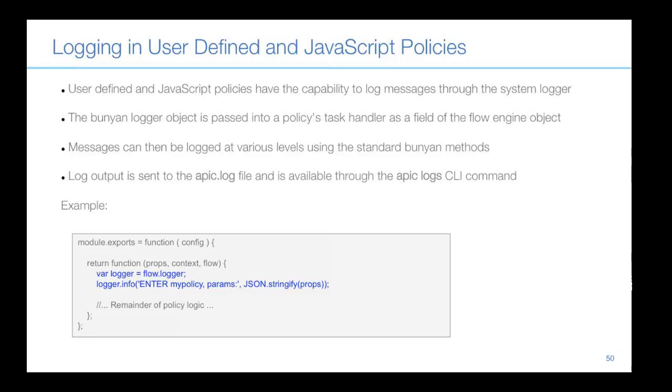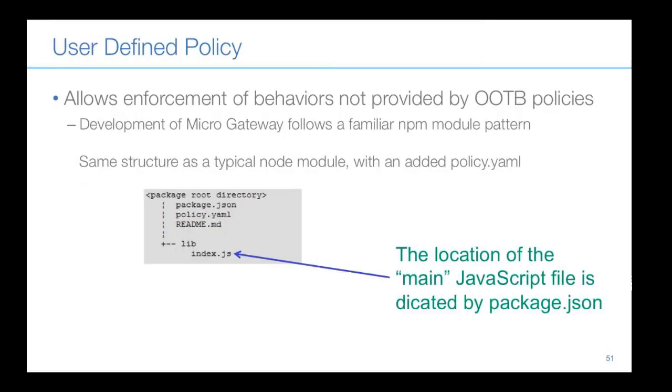There's an example one down there, logger.info. You could say logger.debug, logger.trace, logger.error, and it'll go to the various levels. And yeah, so it'll go to both the apic.log file or the apic logs CLI command or any other stream that you have configured through the configuration file. And I think that's all I had.